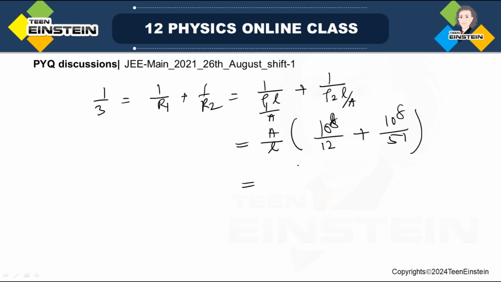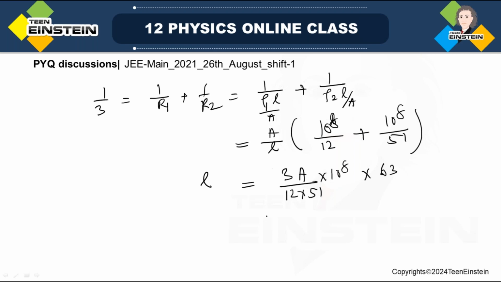Okay, so you'll get here A is pi d square, so L will be coming here 3 into A divided by 12 into 51 into 10 to the power 8 into 63 over here.